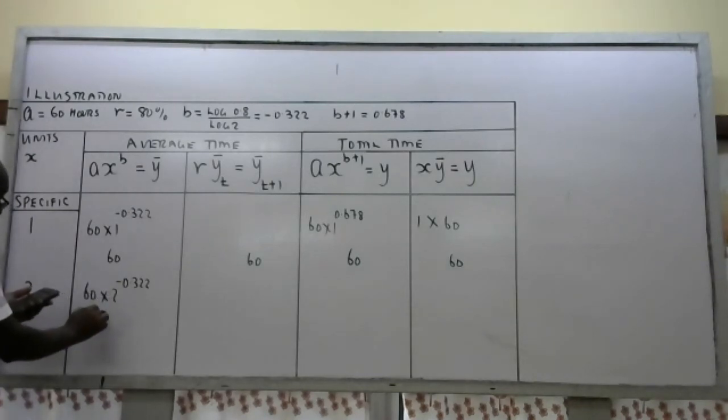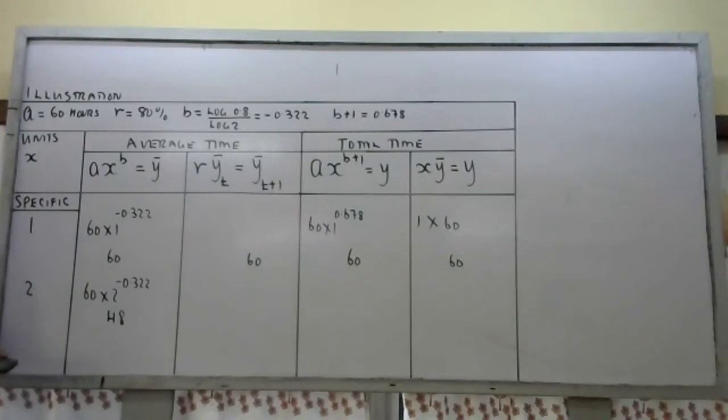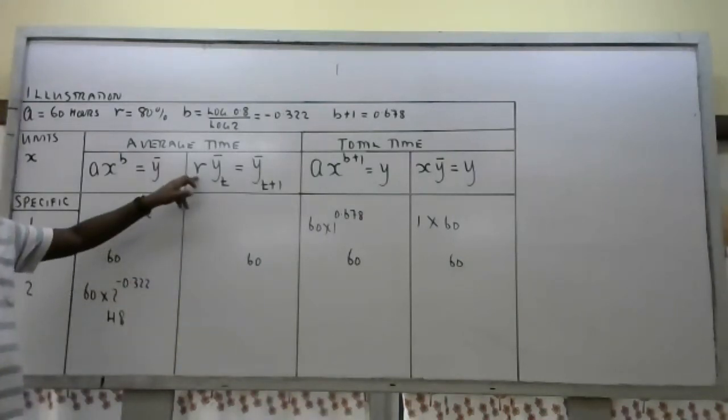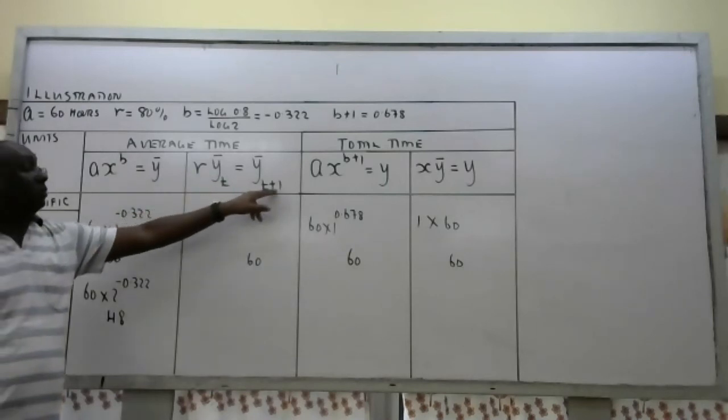You're getting 48. Call it 48. Then on this side, this is now the first time you are able to use the formula. It says you get R multiplied by YT to get YT plus 1.